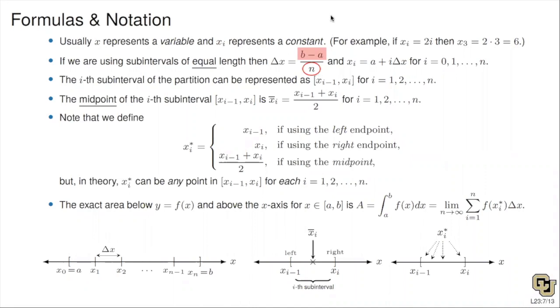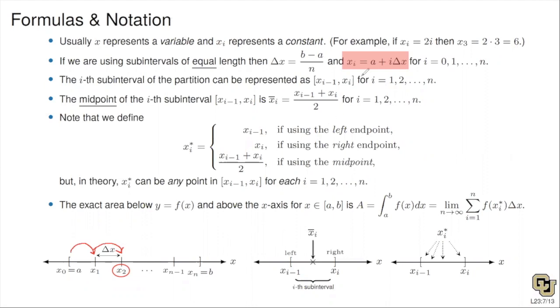So delta x is b minus a over n. It's the length of the interval divided into n equal pieces. Then that gives us the formula for x sub i, which is a plus i delta x. Again, you should interpret this notation. Remember, x sub i is a mile marker. It's marking how many lengths of delta x we've traveled, starting from a. So if I want to get to x sub 2, starting from a, I would add on 2 more steps of length delta x.